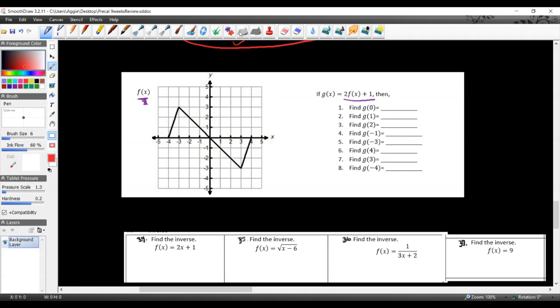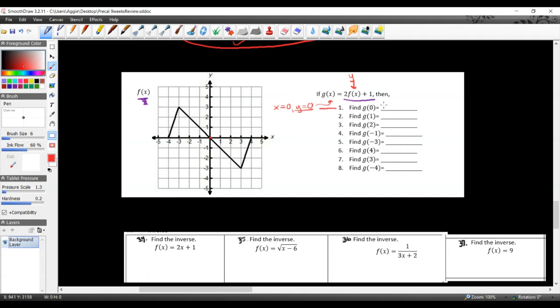Remember that this right here, this f of x, this is just y. Okay, that's equal to y. So in other words, I need to find the y value for when x is equal to 0, if that makes any sense. Okay, so right here, when x equals 0, well, that's right here in the middle, y is also equal to 0. Okay, so what I'm going to do is I'm going to plug this number into here.